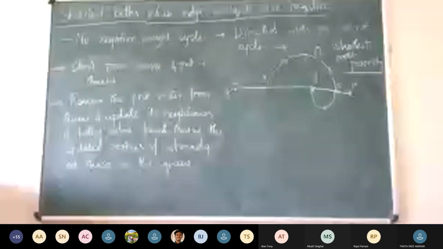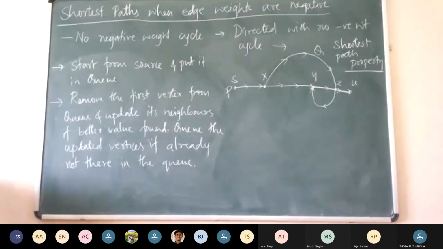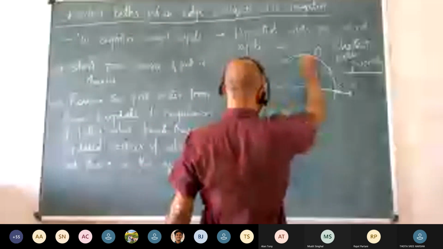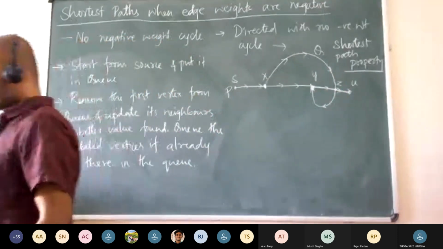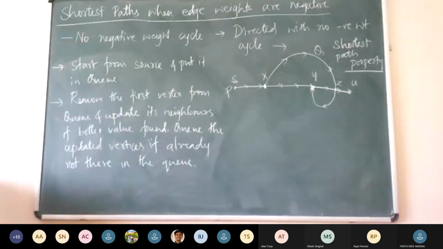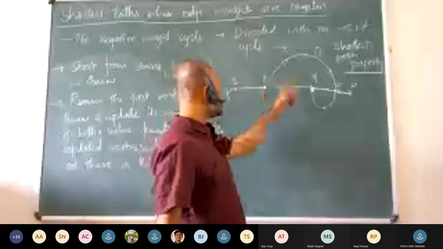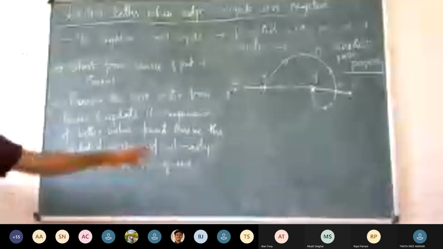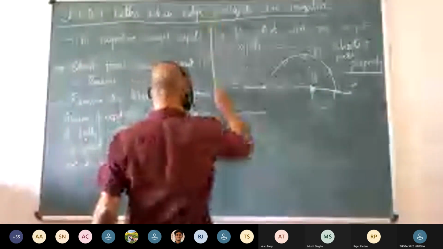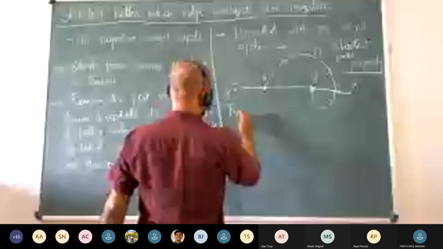Now, how do we sort of prove this? Suppose this is not the case. Suppose there is an X and Y here, and there is a path from X to Y, which we call Q, which is shorter than the path XPY, the path in P, which we have chosen, which is the shortest path from S to U. So we are trying to prove by contradiction.